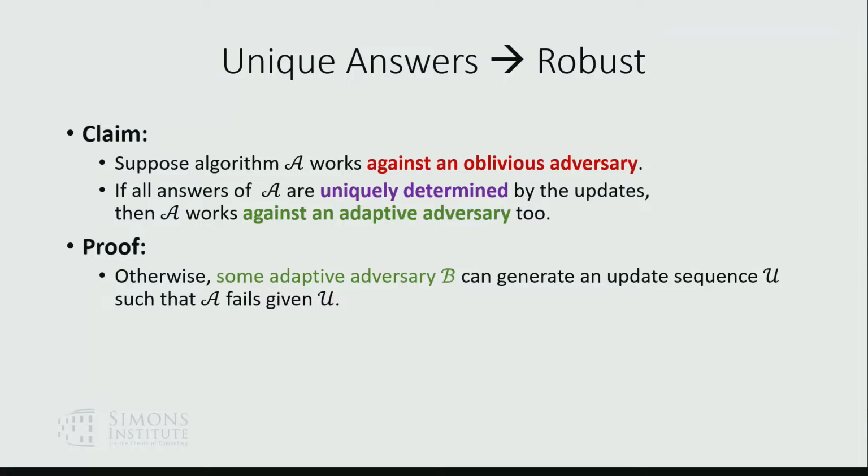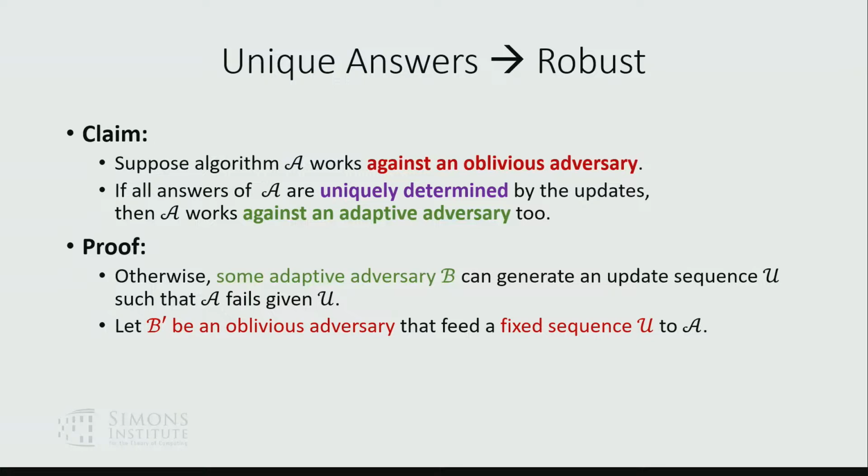So there is some adaptive adversary B that can interact with A and generate the update sequence U such that at some point the guarantee of A fails against this sequence U. Now once you have generated this update sequence U, let's fix this sequence and define another oblivious adversary B prime.